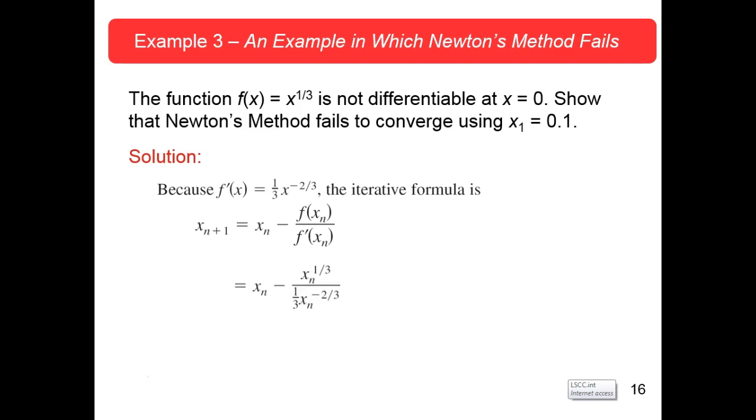And that would be x sub n minus x sub n to the 1/3 divided by 1/3 x sub n to the minus 2/3, which is not the easiest.